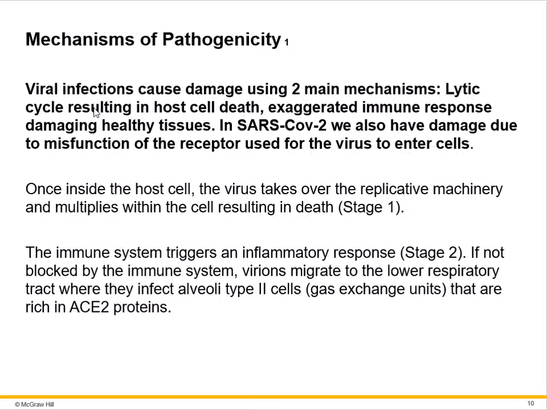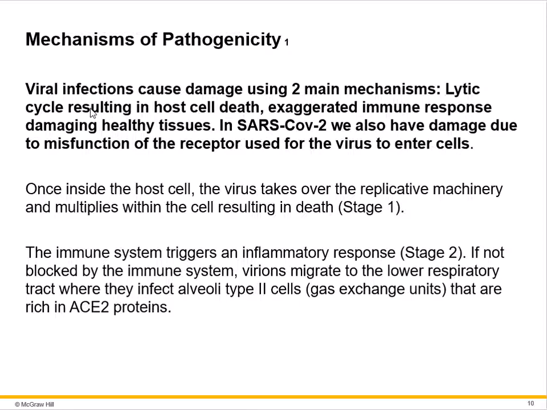The immune system, in its best attempt to eliminate the pathogen, sometimes creates even more damage through cytokine storms, for example. So the immune system is the second major source of damage in COVID-19.